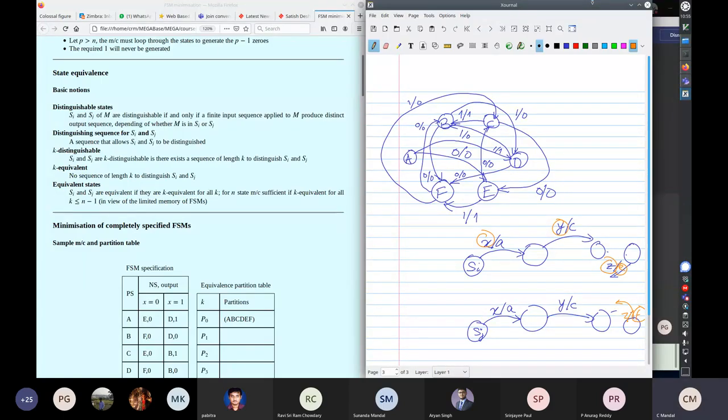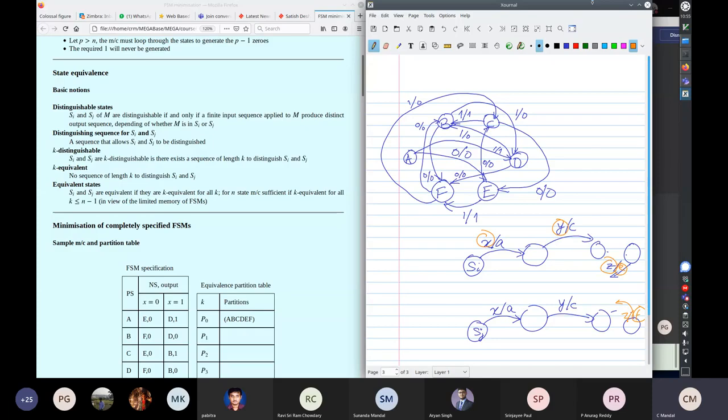So suppose a machine has n states, and you cannot distinguish two states with sequences of length up to n minus 1, then really you cannot distinguish them at all. All right.